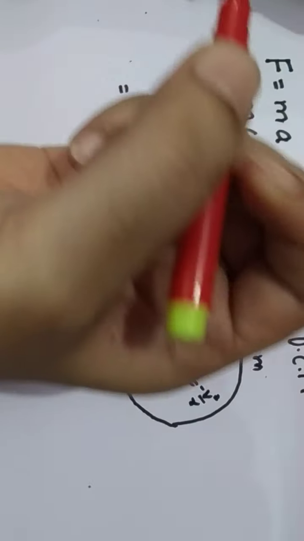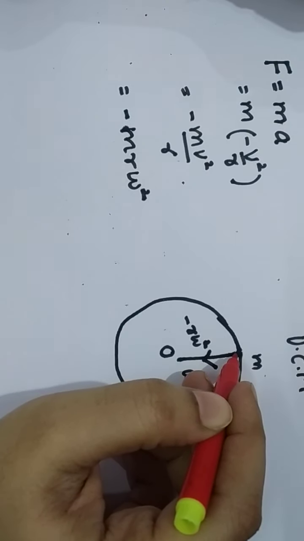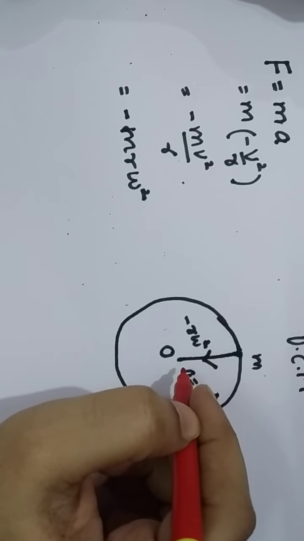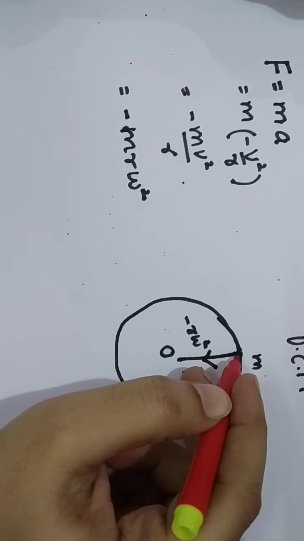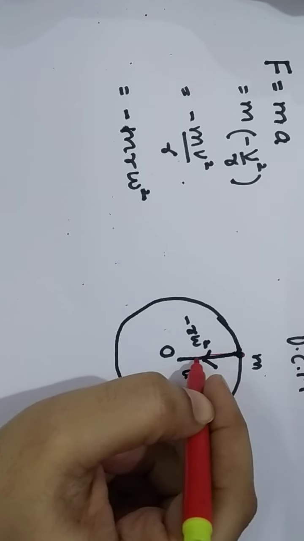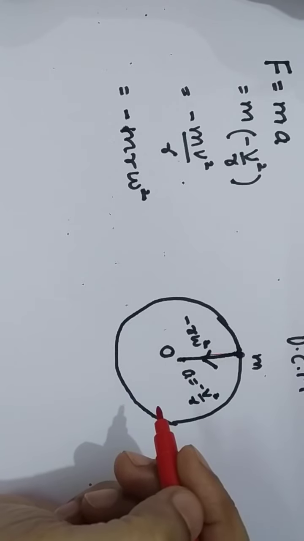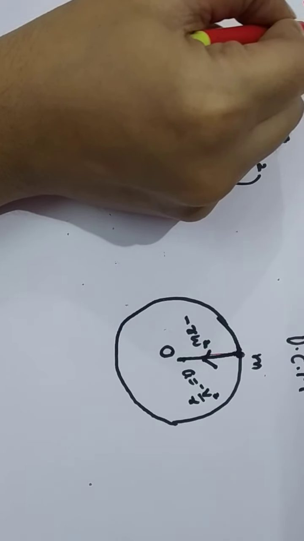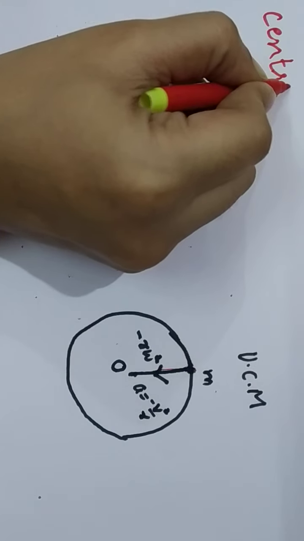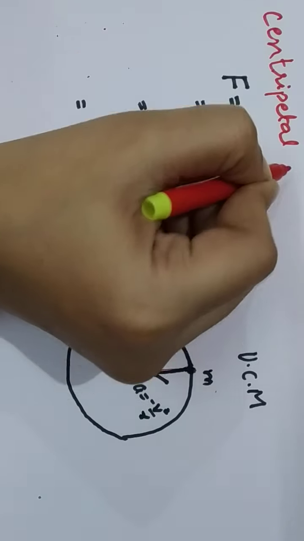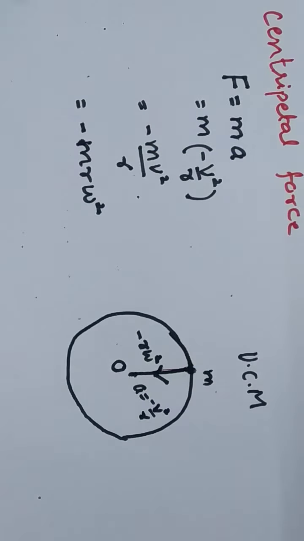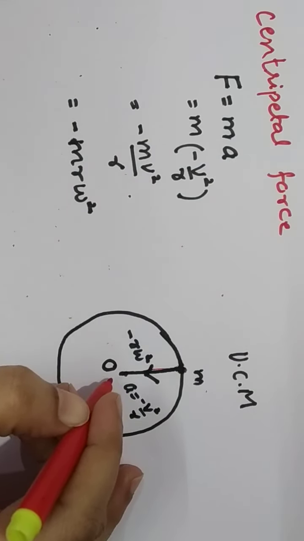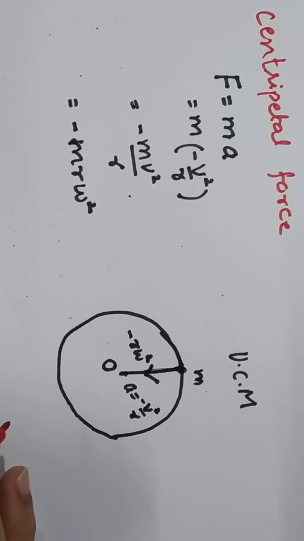The force which I am experiencing here is directed along the string. So this radius is nothing but the string. This force is directed along the radius and towards the center. So this force is called centripetal force. Centripetal force means the force which is directed along the radius and towards the center of a circle.